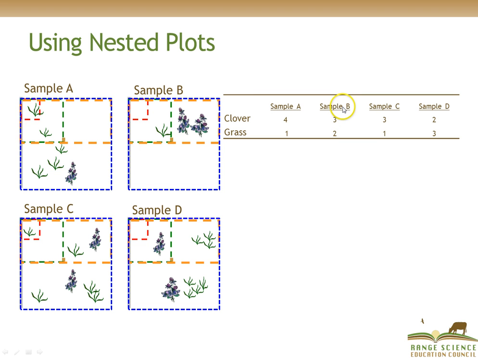In sample B, the clover occurs in plot size 3, and the grass occurs in plot size 2. For sample C, we see that the smallest plot in which clover occurs is plot size 3, and the grass occurs in plot size 1. And finally, in sample D, the smallest plot that clover occurs in is plot size 2, and the smallest plot that the grass is observed in is plot size 3.